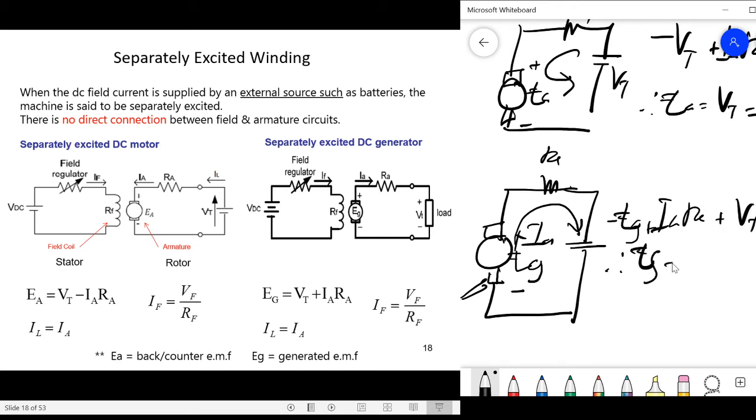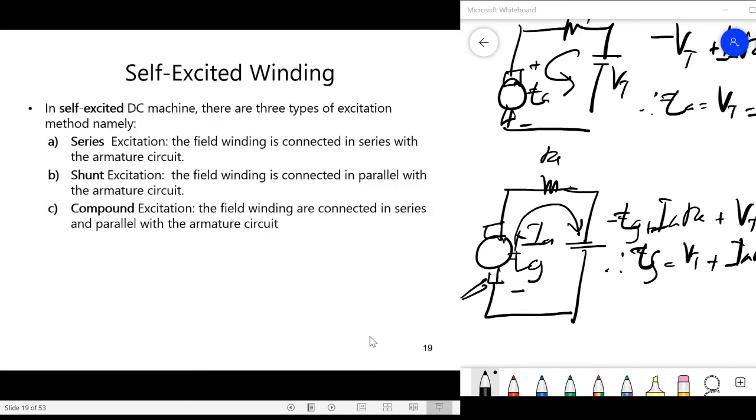Therefore EG is equals to VT plus IARA. Okay, right? So IF is equals to VF over RF. VF ni BDC lah. Ni pun sama, IL is equals to IA. Okay, clear. Right.